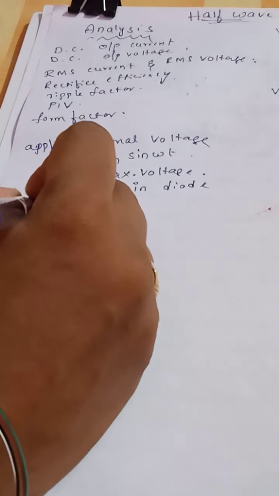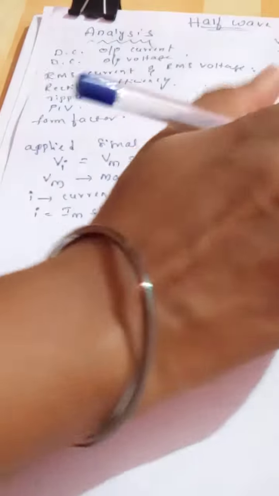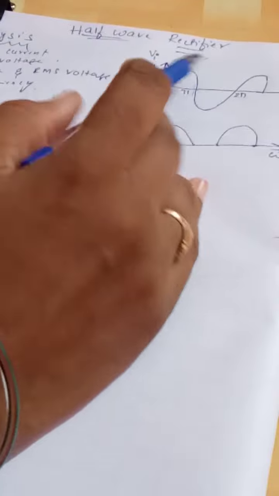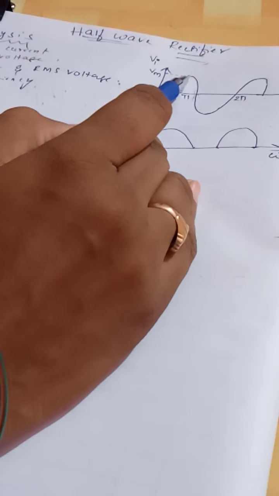So now let us write the equation for i. It becomes Im sin omega t for 0 to pi. So here in the graph you see for 0 to pi we are having the positive cycle. For the positive cycle, the diode is forward biased, so we are having current.